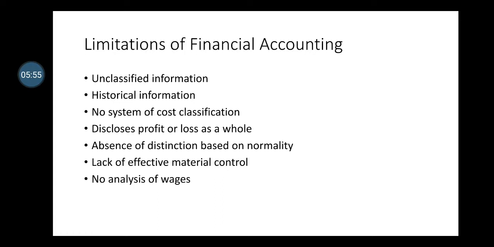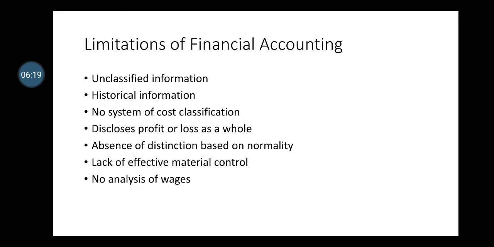We have seen in our example itself, the profit or loss of the entire organization is given, so it's not about each department or product. And there is an absence of distinction based on normality, which means that in financial accounting we do not classify into normal cost or abnormal cost.